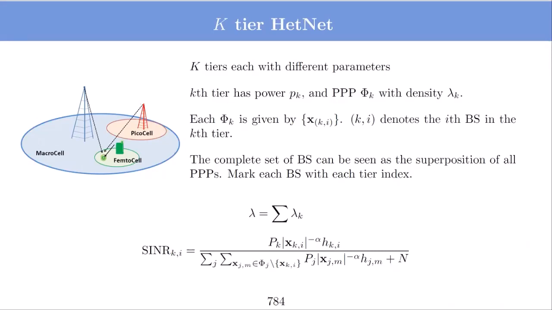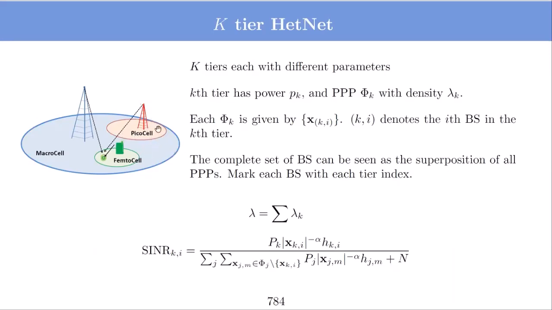For example, you can have a millimeter wave network along with a cellular network. Suppose we take an example: there is a macro base station which is installed by a cellular operator, and then there are picocells which are also deployed by the cellular network to increase coverage.